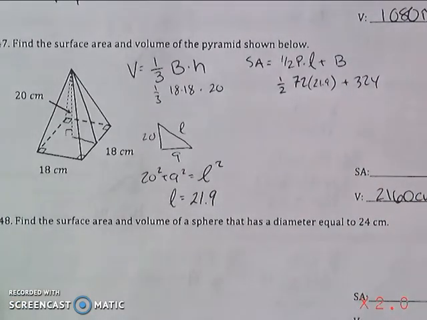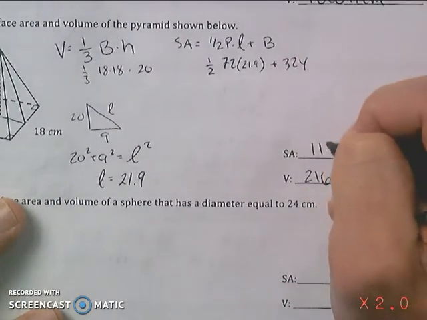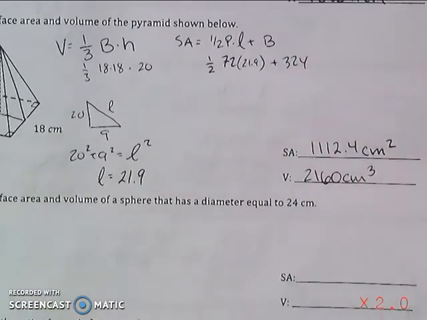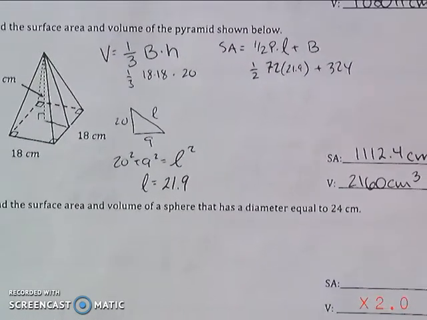And we're going to get 72 times 21.9 divided by 2 plus 324. And we're going to get 1,112.4 square centimeters for our surface area. Okay? That one's quite tricky, that we had to go ahead and utilize that Pythagorean theorem to find the slant height.